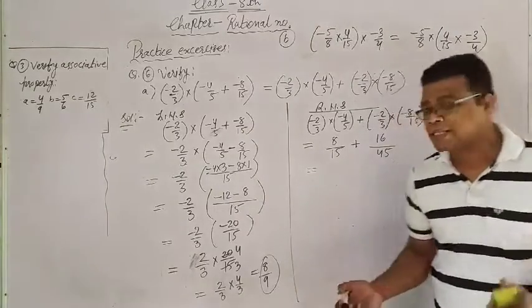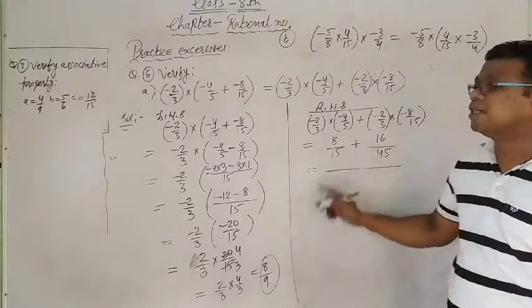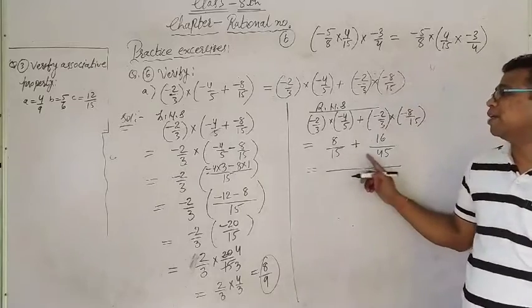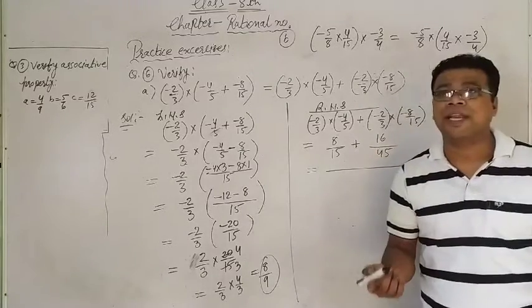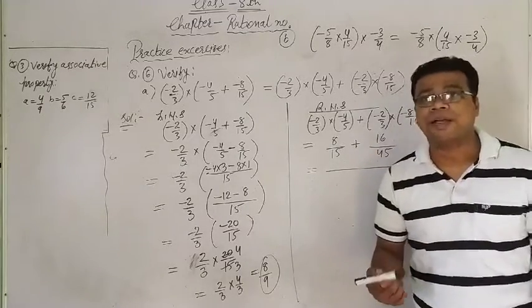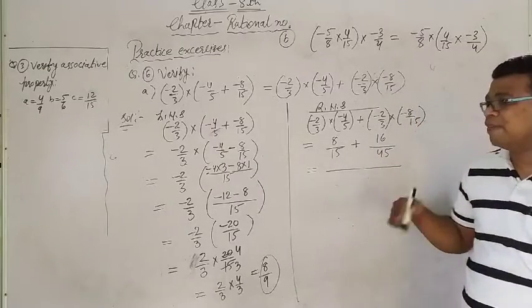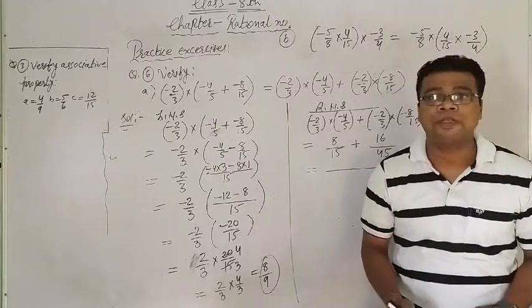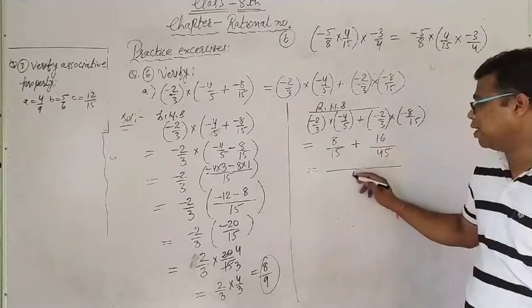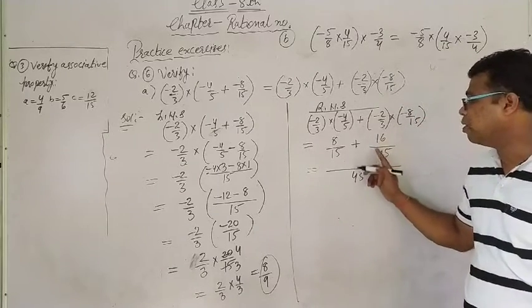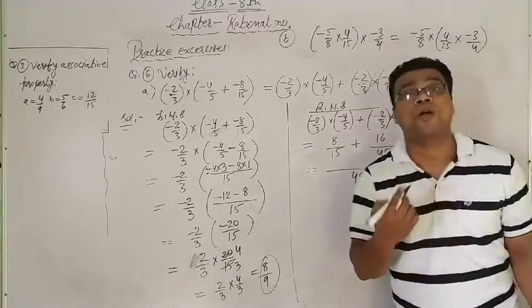Why not? Yes. I have to consider the LCM of the denominators because directly we can't add 15 and 45. LCM. What is the LCM of these two? Definitely 45. Yes, because in the table of 15, 45 also comes.